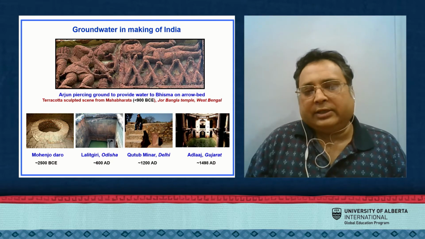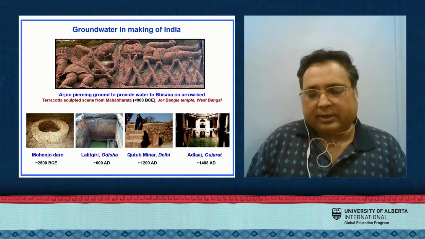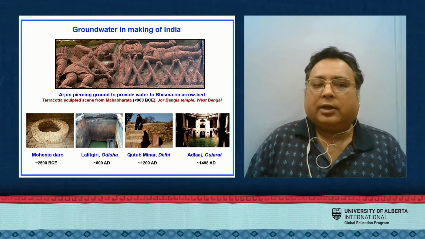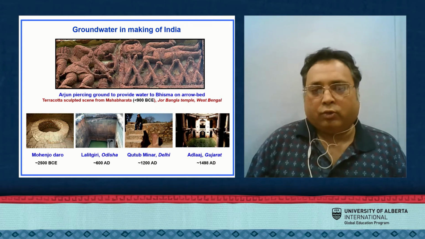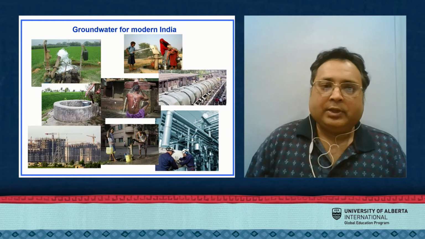And if we look at the history of India, you can see there are enough examples in the historical archives, be it the Indus Valley civilizations or other parts of the country, where groundwater has been used over and over again to make what we know the great civilization of India is.